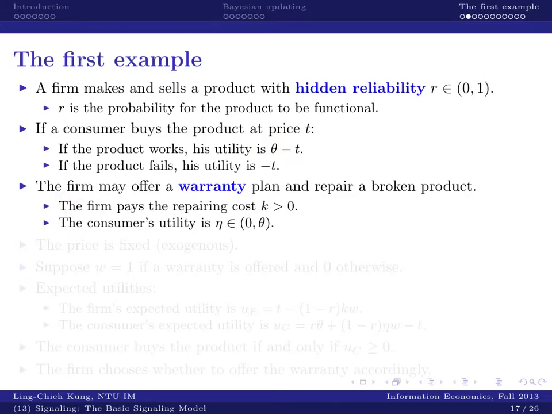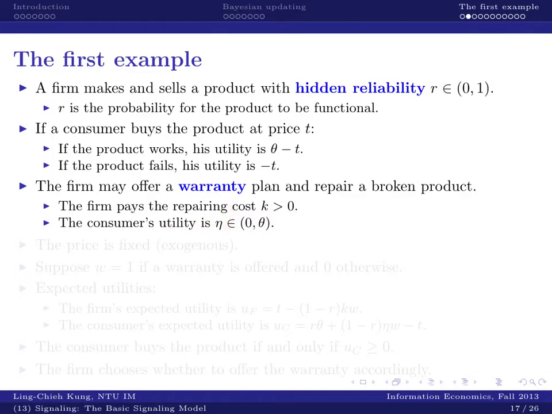The firm may offer a warranty plan, and in that case, the firm will be responsible for repairing a broken product. If that happens, the firm must pay the repairing cost, K, which is greater than 0. The consumer does not care about K. K is totally paid by the firm, and in that case, the consumer's utility will jump from 0 to eta.